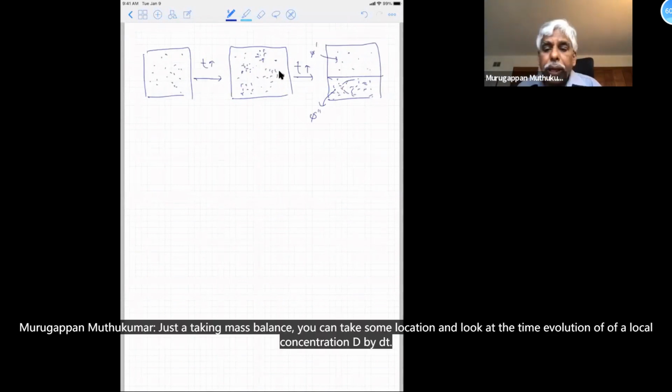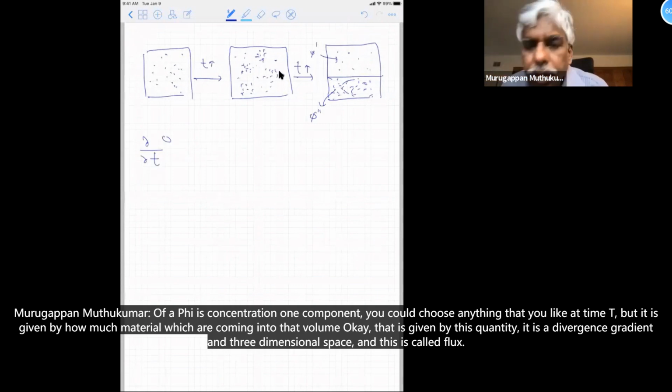Just taking mass balance, if I take some location and look at the time evolution of a local concentration, d by dt of phi, where phi is the concentration of one component. You could choose anything that you like at time t. But this is given by how much material is coming into that volume. Okay, and that is given by this quantity.